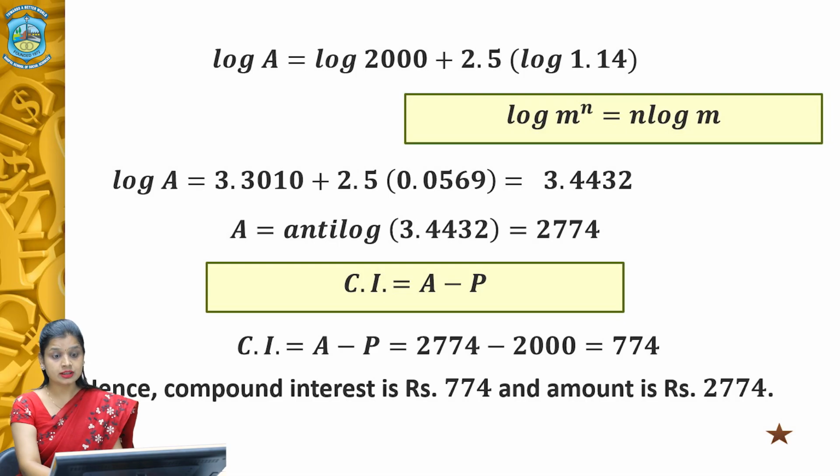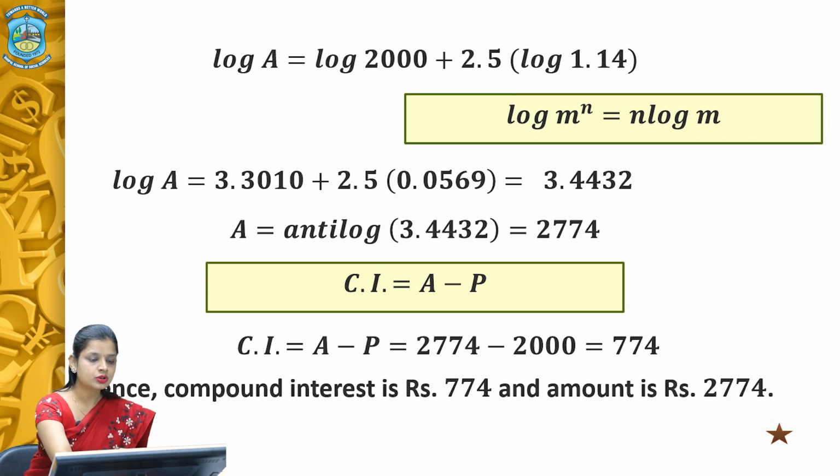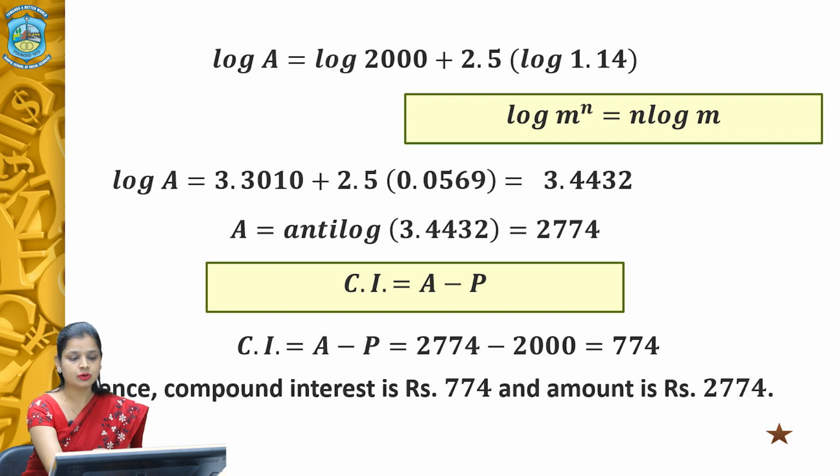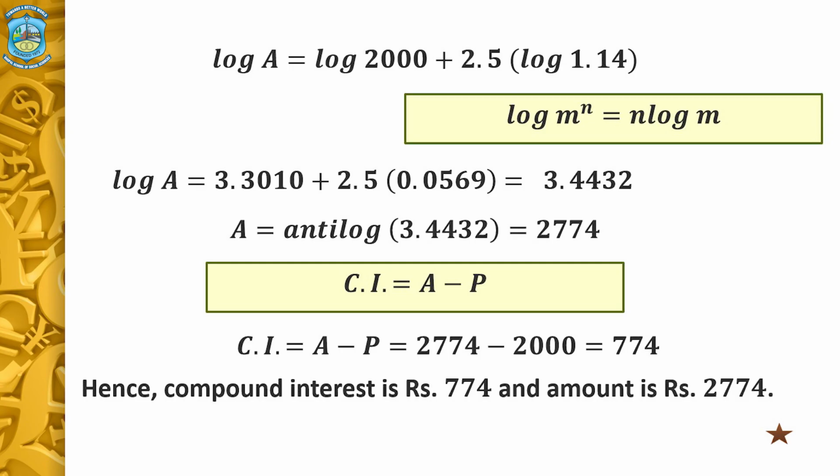Now, you may find the value of log 2000 and log of 1.14 by using the log table. The value of log 2000 is 3.3010 and the value of log 1.14 is 0.0569. First, we multiply the term 2.5 with 0.0569 and then add the resulting amount to 3.3010.